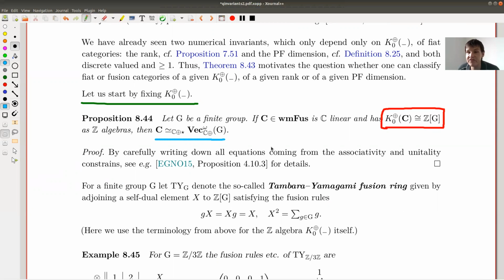These are G-graded vector spaces up to a twist. Okay, so the classification results for things that look like group downstairs are groups upstairs. This is actually a good start. And that's not so hard to prove.